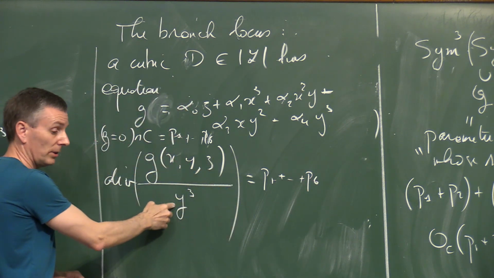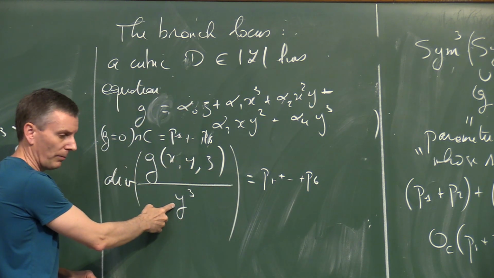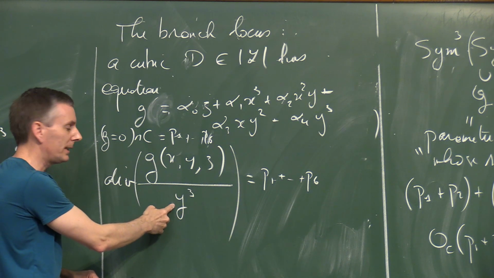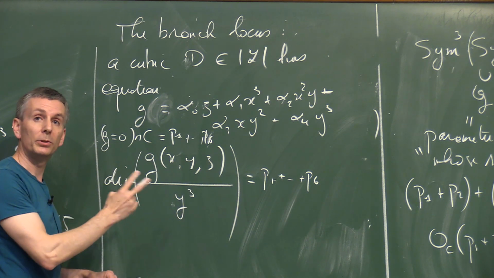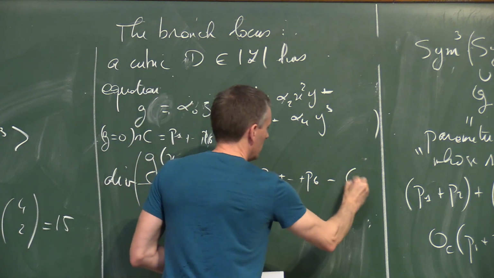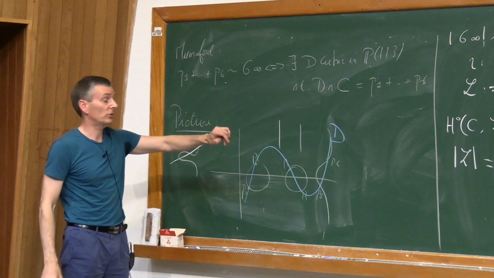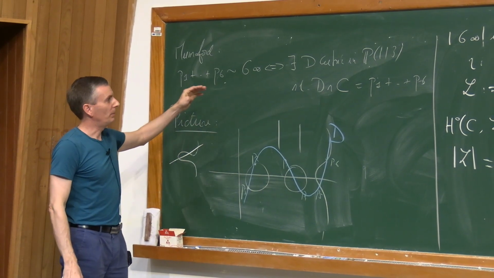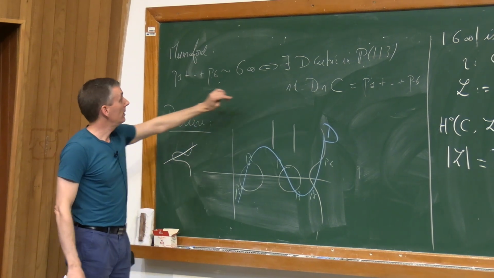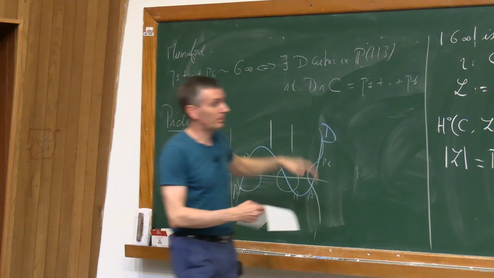And the pole is at y equal to 0, you get the point at infinity of degree 2, 3 times it, so minus 6 infinity for the pole divisor. And this computation explains Mumford's results, telling you that cubic interpolations mean exactly that the 6 points are equivalent to 6 times infinity.